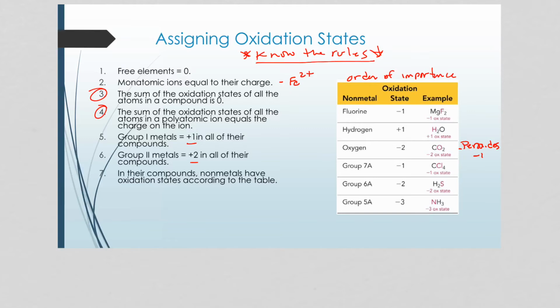For example, if I have both sulfur and oxygen in a compound, they both can't be negative. So the oxygen has priority, it will get the negative oxidation state, and sulfur will take on whatever oxidation state is necessary to satisfy, again, rules 3 and 4. But the sum of the oxidation states has to be 0, or some charge if it's a polyatomic ion. Okay, so let's put these rules into play.